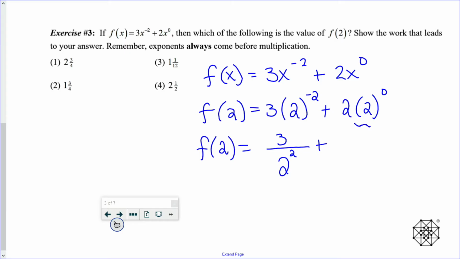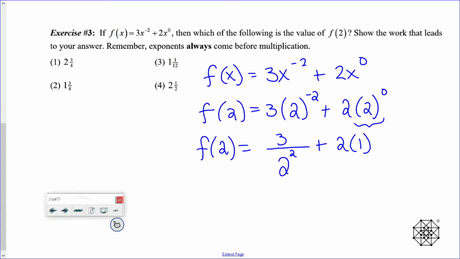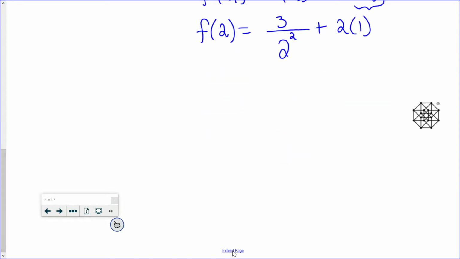And 2 to the 0, remember exponents first, is going to be the same as 2 times 1, right? 2 to the 0 is equal to 1. So f of 2 is going to be 3 divided by 4, since 2 squared is 4, plus 2, and that's 2 3/4.